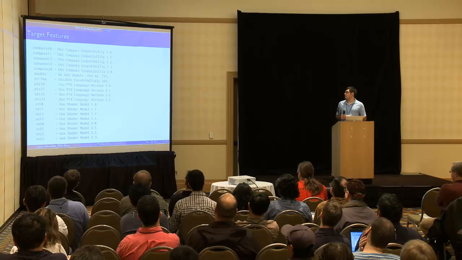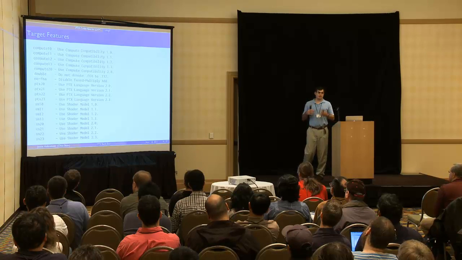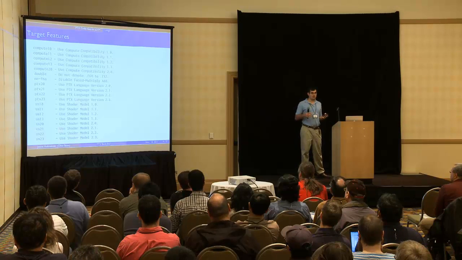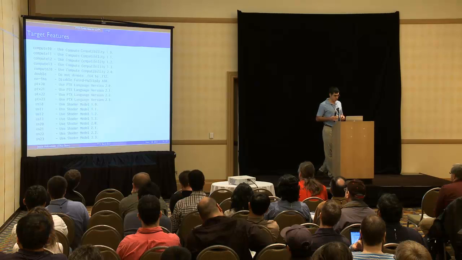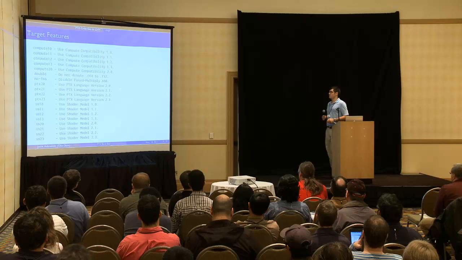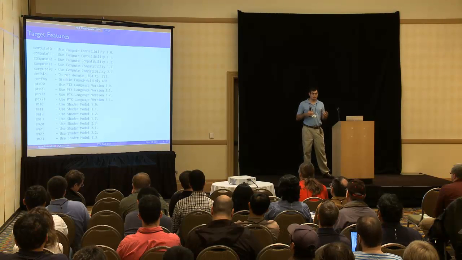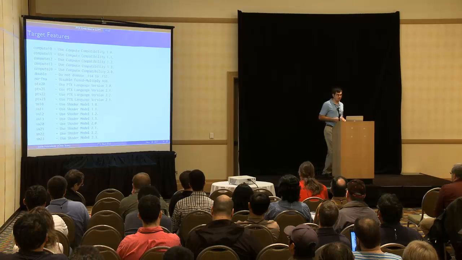But we also have some, for instance, to allow double precision arithmetic. In older generations of NVIDIA cards, double precision arithmetic might not be supported by hardware, and so you might have to cause all doubles to be demoted to floats.